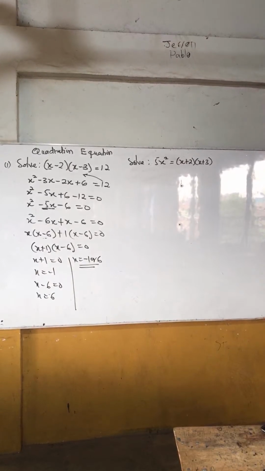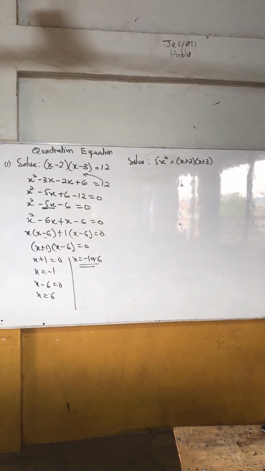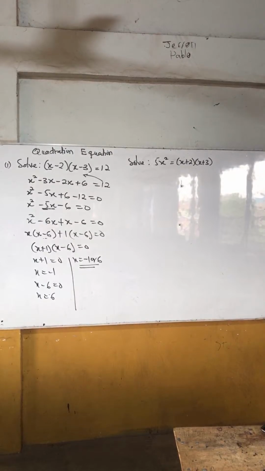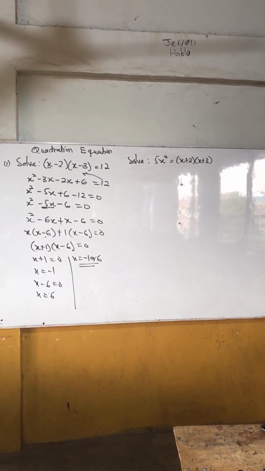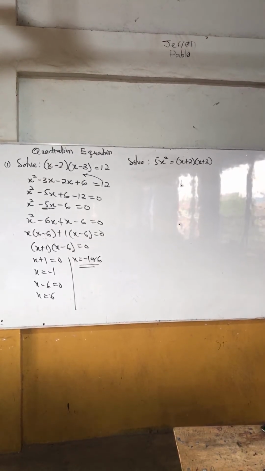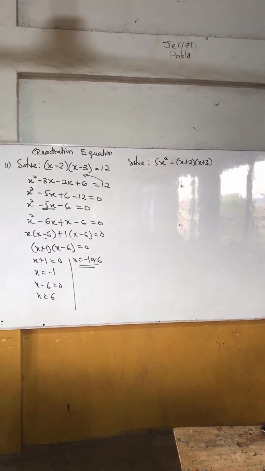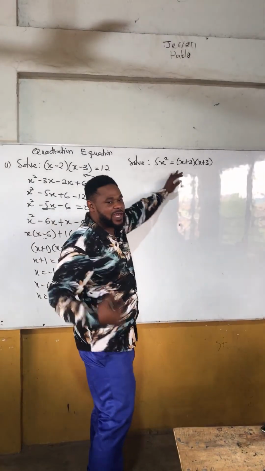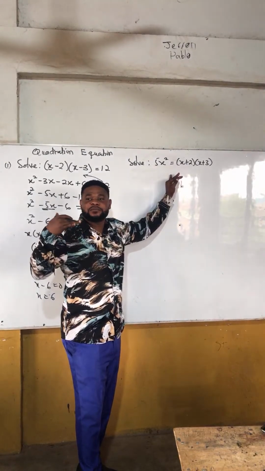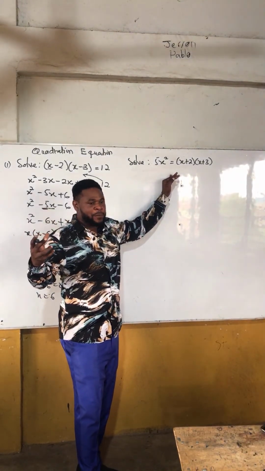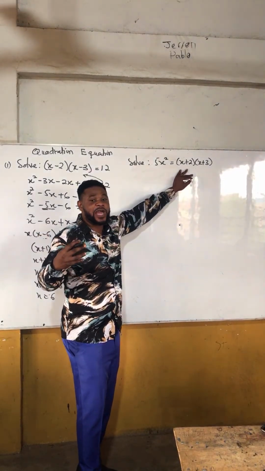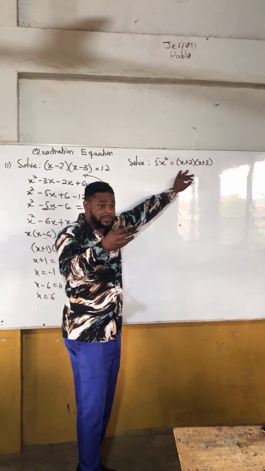Have you expanded? But where is your 5x squared? Be very careful. It's 5x squared. So what you need to do is, when we give it to you, follow the mathematical principles. We give you something like this and ask you to solve.